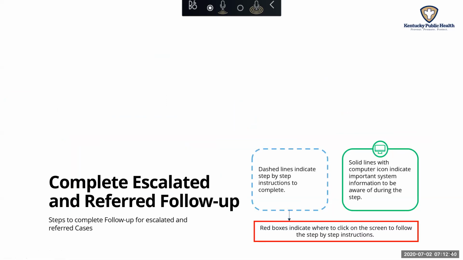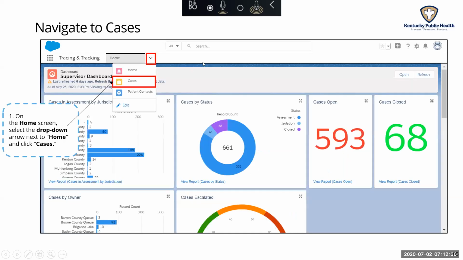Right now, we're going to show you how to complete the escalated and referred follow-up. So as a supervisor, when we're on the home screen, supervisors are going to click on this drop-down arrow and click Cases.